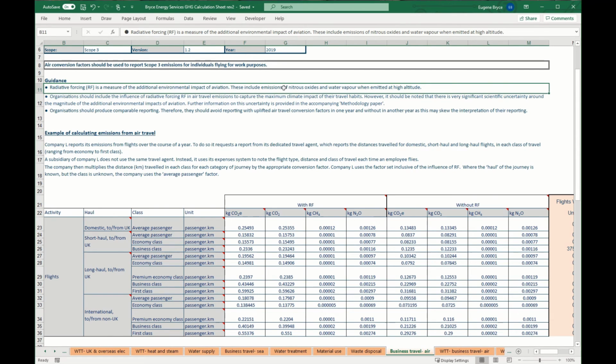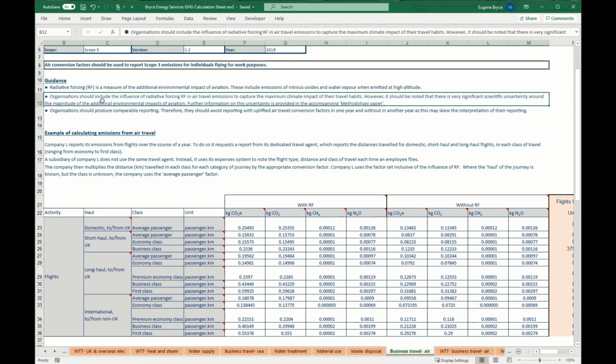These include emissions of nitrous oxides and water vapor when emitted at high altitude. Organizations should include the influence of radiative forcing. So basically what they're saying is there's some uncertainty as to the accuracy of the figures, but it's better to report it, particularly as it's scope 3, and as these sheets evolve, you can fine-tune it, and as the science evolves, again, it can be fine-tuned.